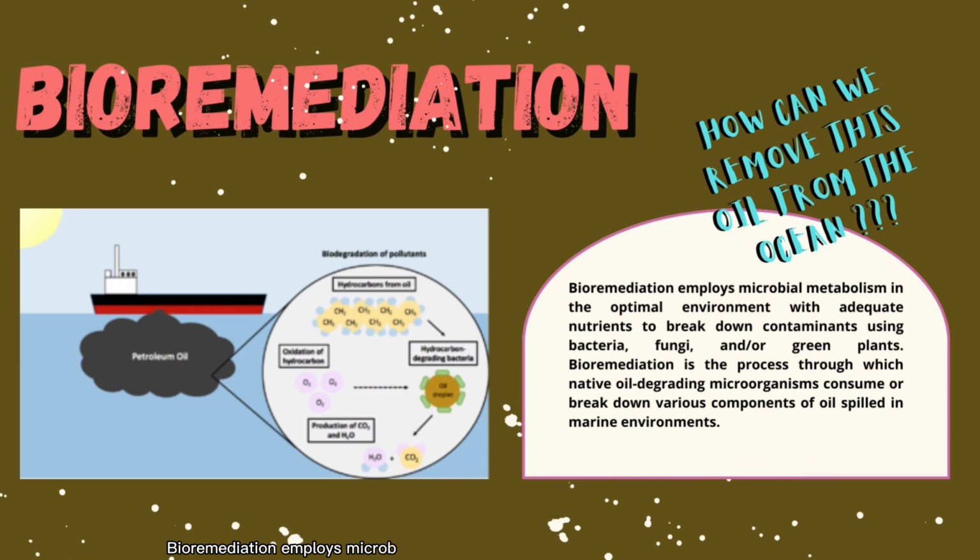Bioremediation employs microbial metabolism in the optimal environment with adequate nutrients to break down contaminants using bacteria, fungi, and or green plants. Besides, bioremediation is the process through which native oil-degrading microorganisms consume or break down various components of oil spill in the marine environment.